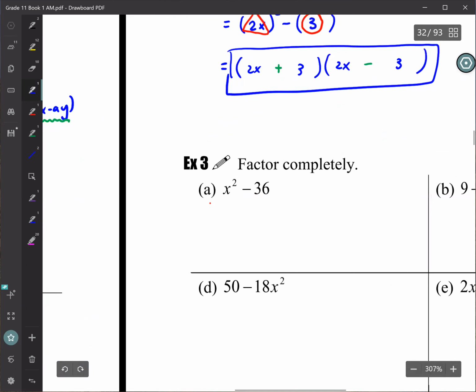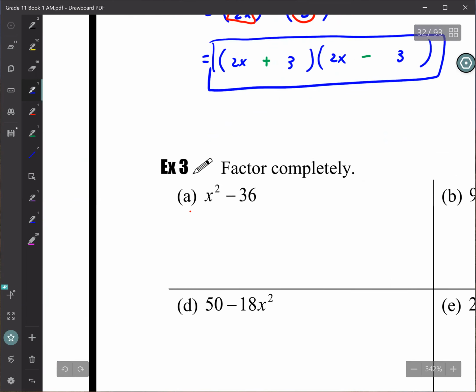Suppose question 3A, the question they give you is negative 36 plus x squared. It's 2 terms, but it's not subtracting in the middle. So you could swap the order and rewrite it as x squared minus 36. Then it becomes subtracting in the middle.